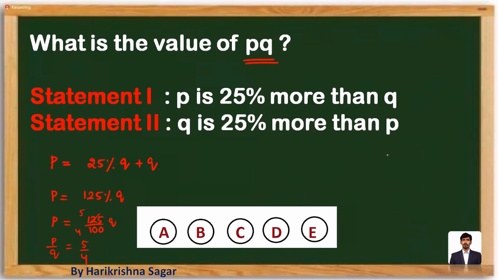So look at the other one. Using this statement, can we say what the PQ value is? We are able to see the P by Q value as 5 by 4, but the PQ value exactly we cannot see.